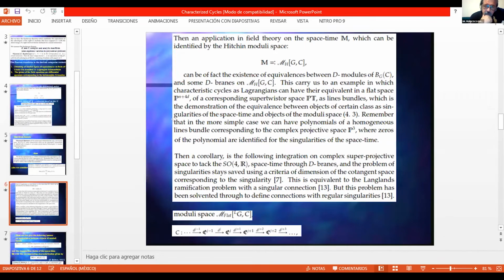And in this step, we need to use a representation of the space-time as a model space, and it is very useful.